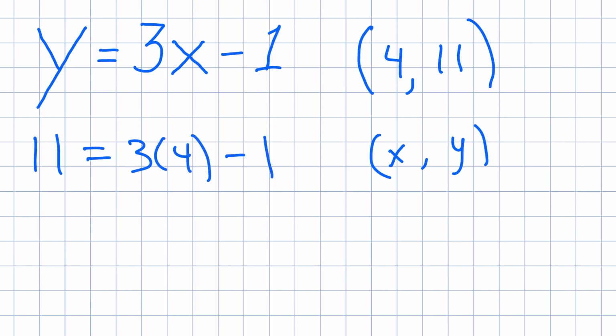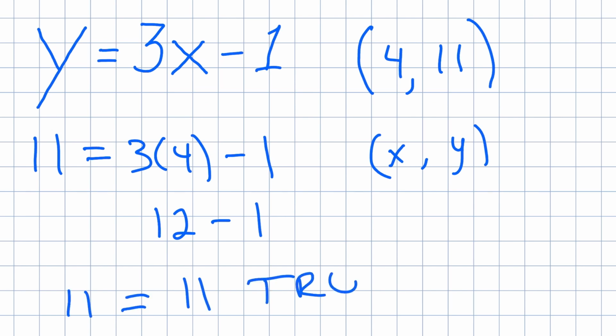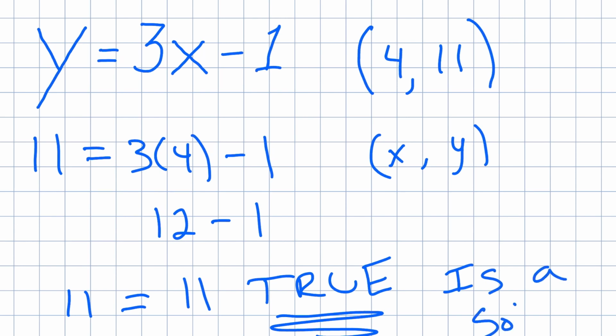All the math is done on the right side. 3 times 4 is 12, and 12 minus 1 is 11, and it is true that 11 equals 11. So the coordinate 4, 11 is a solution to this equation, which means the point 4, 11 is on the graph of this equation.